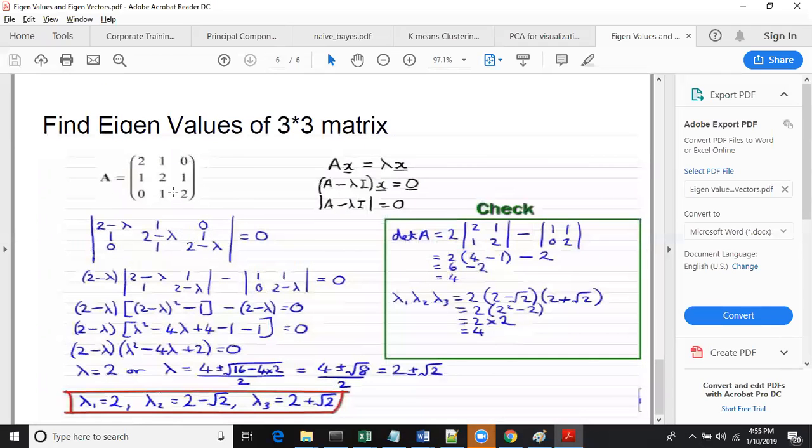So if A is a matrix, A of x bar is equal to lambda of x bar. This is the equation. So A minus lambda I, taking it to the left hand side, into x bar is equal to 0. And since the product is 0, that means we can say A minus lambda I is equal to 0.